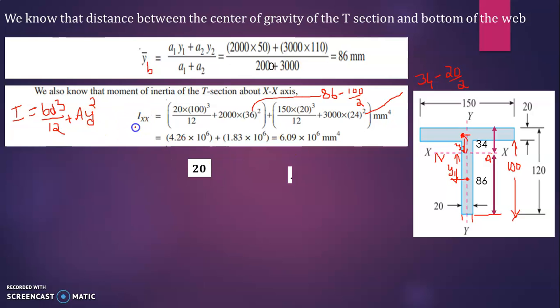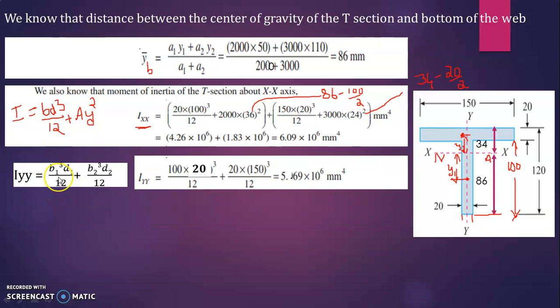This is Ixx. In this T section you have to calculate Iyy also. Only for a circular section Ixx is equal to Iyy. But how to calculate Iyy? You have the formula b cube d divided by 12, that is Iyy. Now you have to consider y as the reference line. Two sections are there, therefore I have written b1 cube d1 divided by 12 plus b2 cube d2 divided by 12.